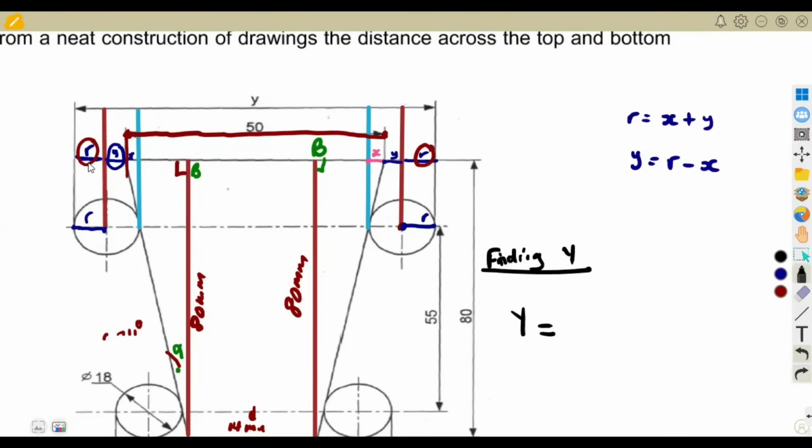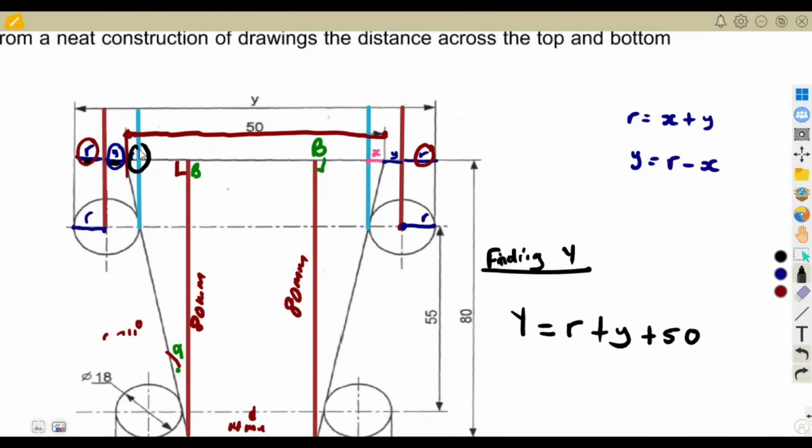So we are going to start with the radius, so it's going to be R plus what? y, this one is involved. x is not involved because it's part of the 50. If you take the whole of this 50, you are not considering x. x is already taken. So you're going to add 50, not x.